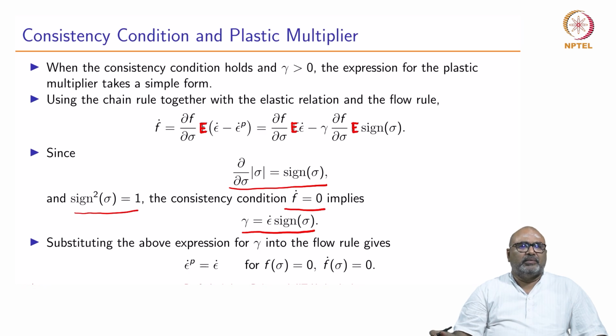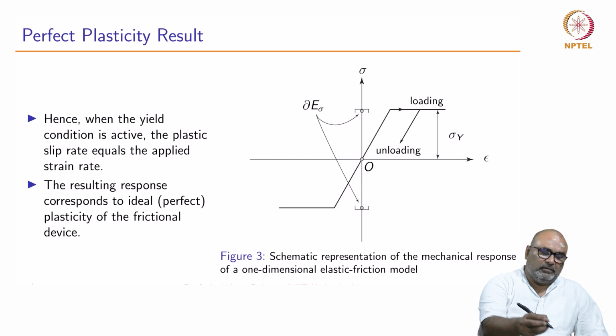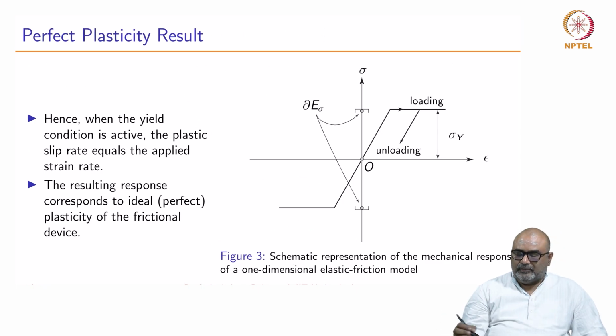Now substituting the above expression in the expression for γ, ε dot p is equal to ε dot for f of σ equal to 0 and f dot of σ equal to 0. So, essentially for a perfectly plastic case, the yield condition is active, and the plastic slip rate is equal to the applied slip rate.